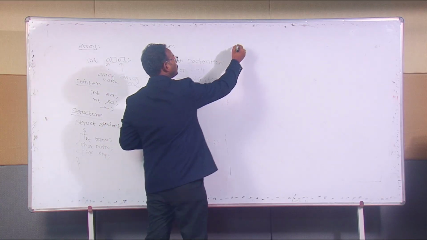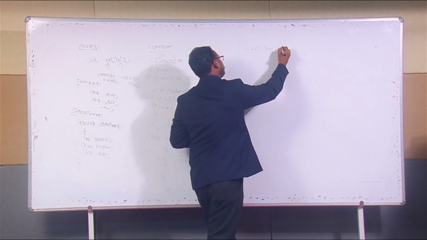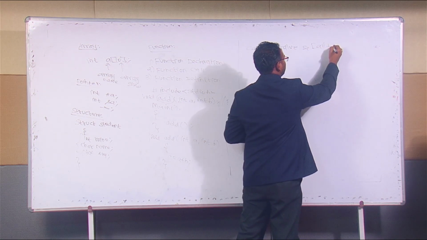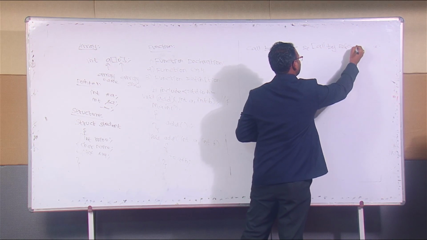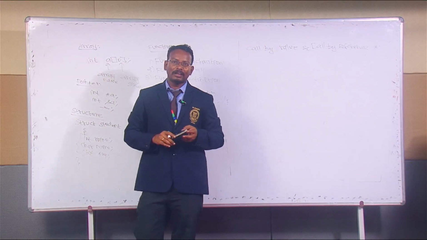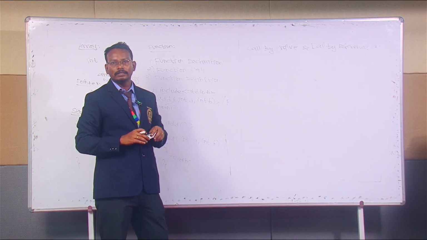Next will be call by value and call by reference. Call by value is nothing but we can access the data directly by using that data.